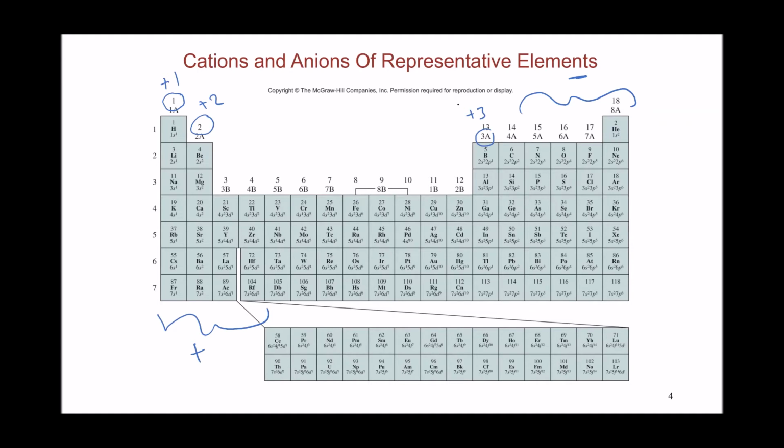On the other hand, it is 1 electron away for group 7 from the next noble gas. So that's why it gains just 1 electron and becomes -1. Group 6 is 2 electrons away. So it needs 2 electrons. It gains 2 electrons and so on. 3 electrons. Group 4 usually doesn't like to either gain or lose.